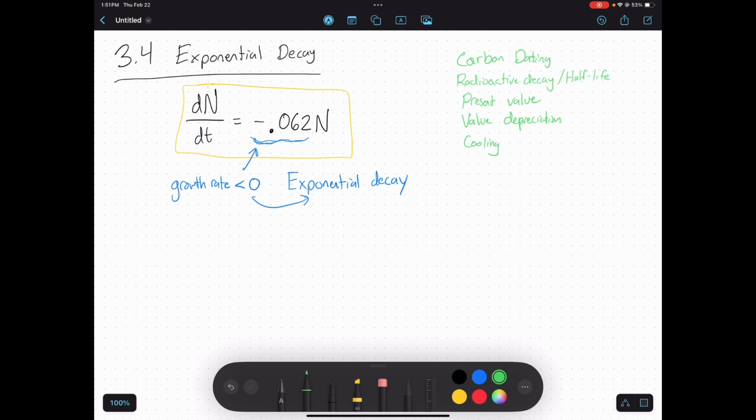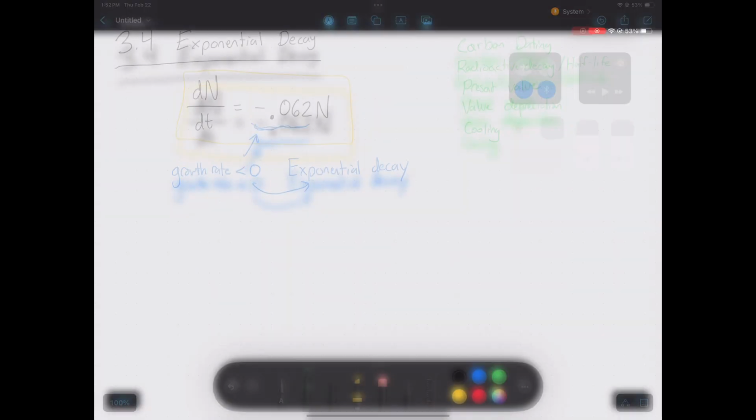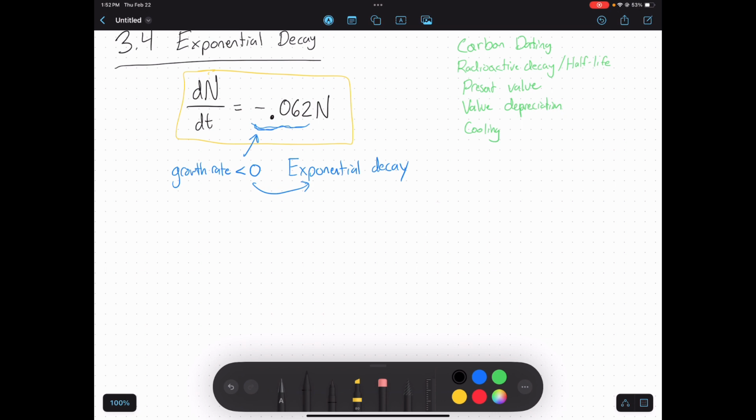Okay, if you pull a pie out of the oven and let it cool, the temperature of that pie will follow an exponential model. And it's an exponential decay model because temperature is falling, it's decreasing. So we're going to look at a few of these today and see how we model them using exponential functions. Well, let's start with half-life.